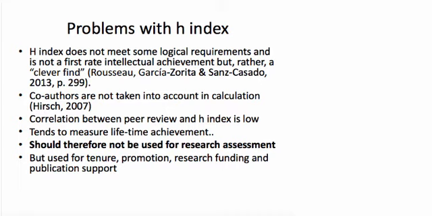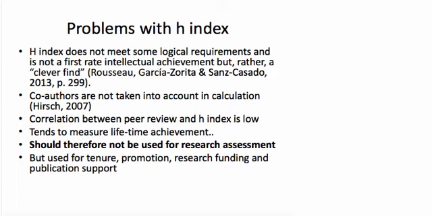Now, what's the problem with the Hirsch index? Well, apparently the H-index actually doesn't meet some of the logical requirements, and according to the scientometricians, it's not a first-rate intellectual achievement, but rather a clever find, as Russo and his colleagues say.